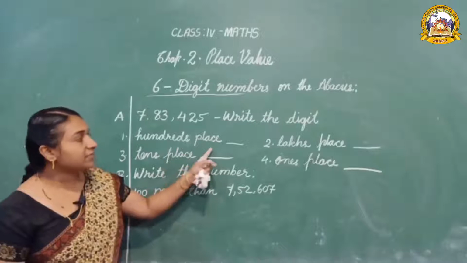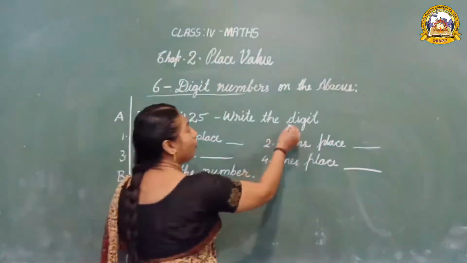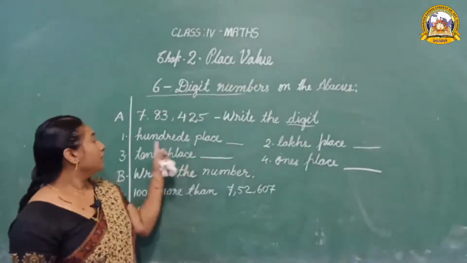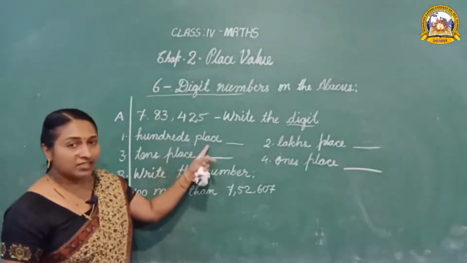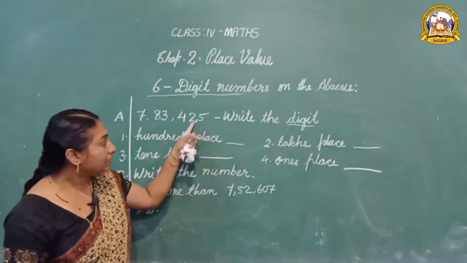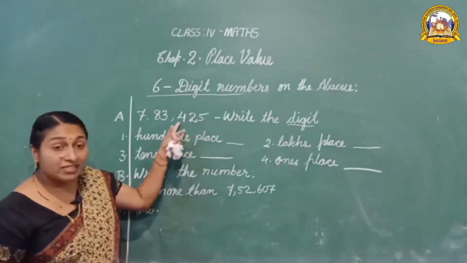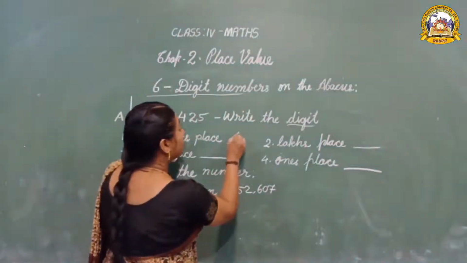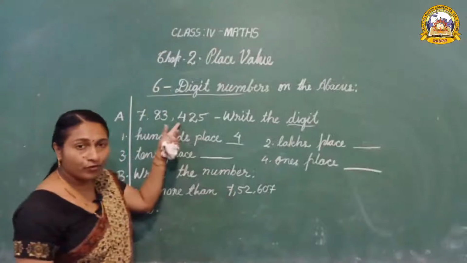Hundreds place. We have to write only the digit. In hundreds place, which is the digit? Check. Ones, tens, hundreds. Write only the digit here, 4.